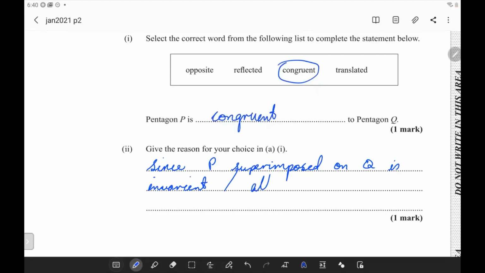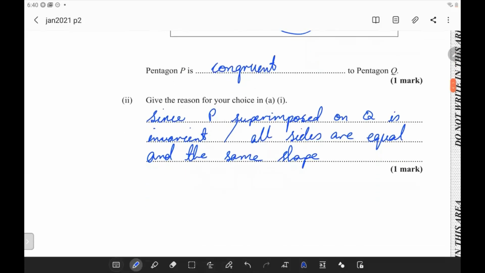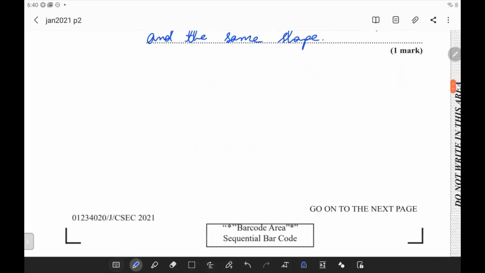So all sides are equal and the same shape. Okay, thank you. So that is the answer for number 2.